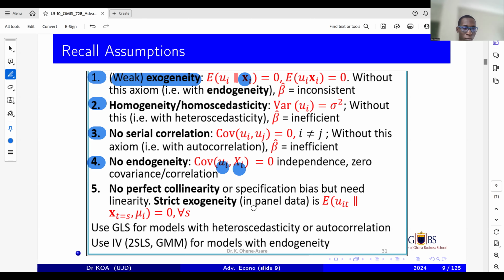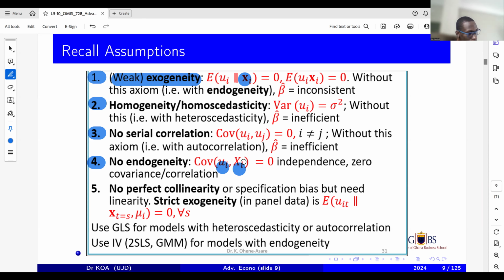So strict exogeneity considers both the error over time and across individuals, but weak exogeneity considers just the errors across individuals.